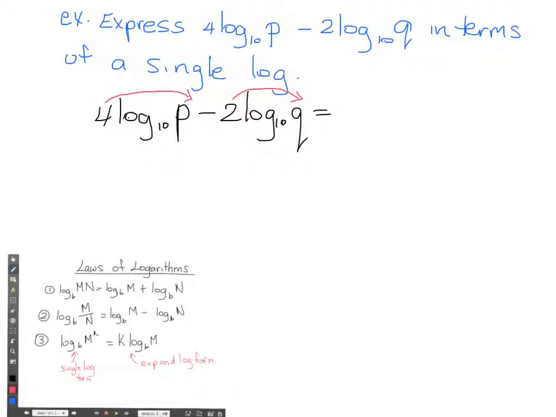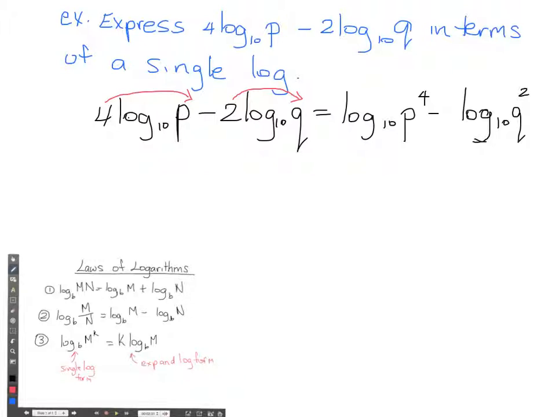So we get log to the base 10 of p raised to the 4th power minus log to the base 10 of q raised to the 2nd power.